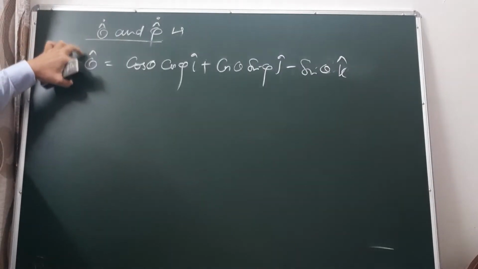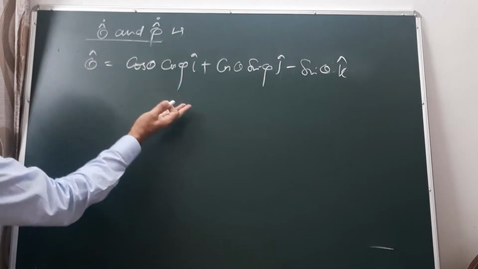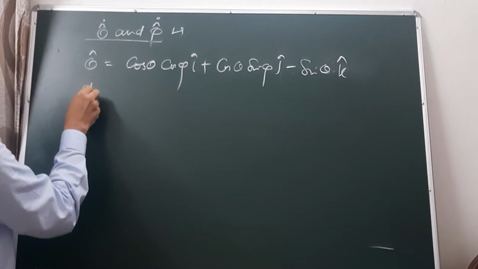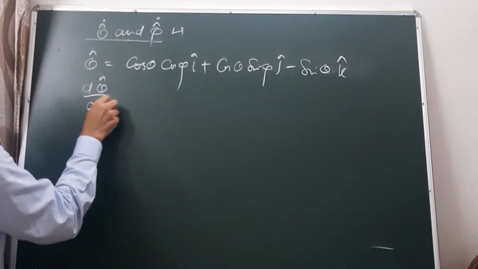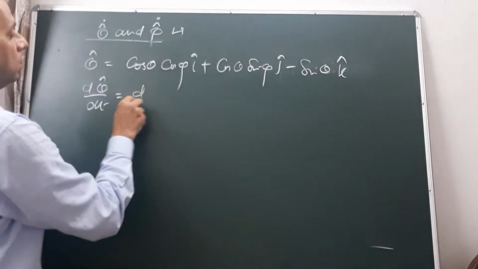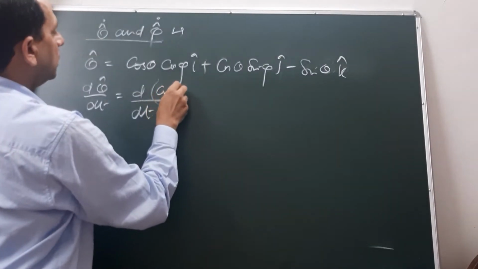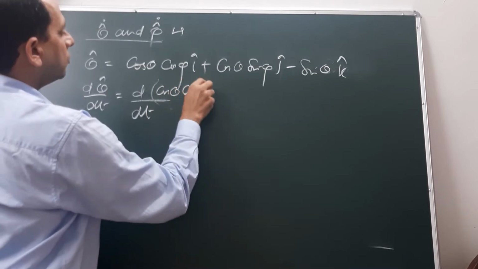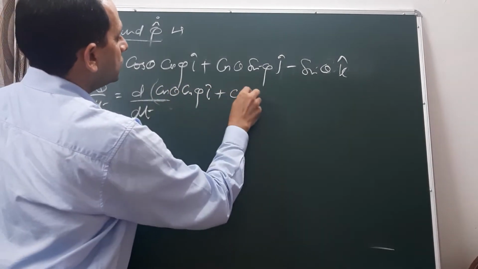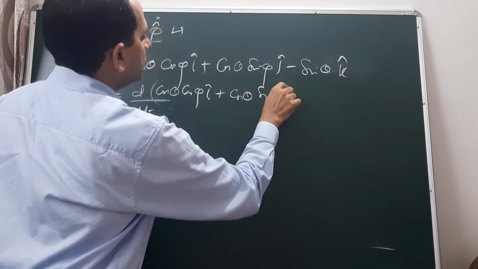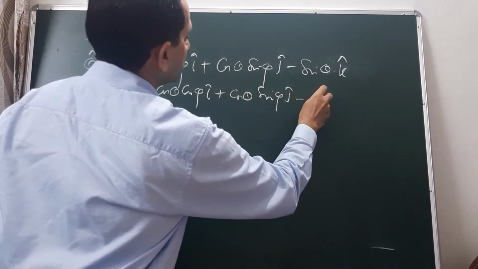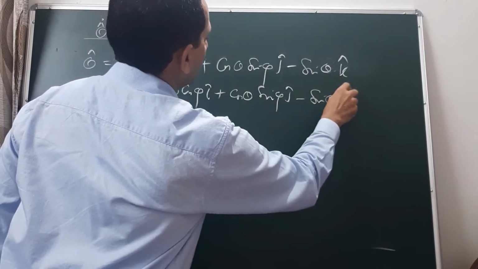Now, to find its derivative, that is theta cap dot, taking derivative on both sides, that is d theta cap upon dt is equal to the derivative of all these quantities, that is cos theta cos phi i plus cos theta sin phi j and minus sin theta k.